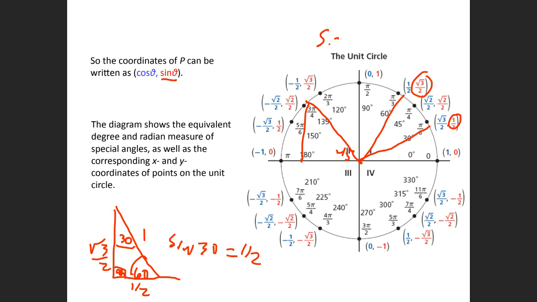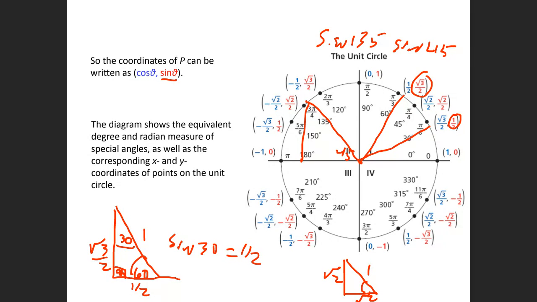So the sine of 135 and the sine of 45 are exactly the same thing. If this is 1, this would be the square root of 2. So I know that the sine of 135 is the square root of 2 over 2. If you understand what's going on there, you should be able to figure out all those values.